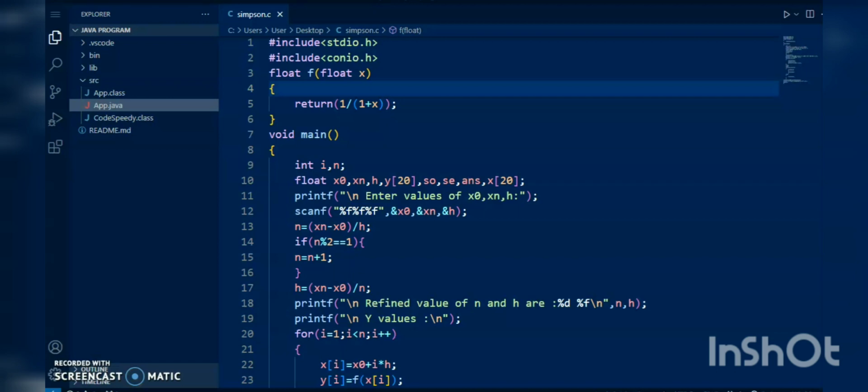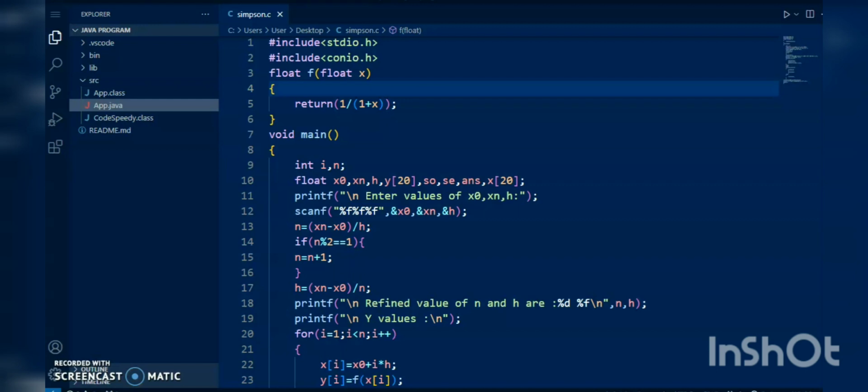You can see enter the values of x0, xn and h, and scanf with %f for floats, x0, xn and h. Then n equals this, and if n % 2 is equal to 1, it means n is an odd number.